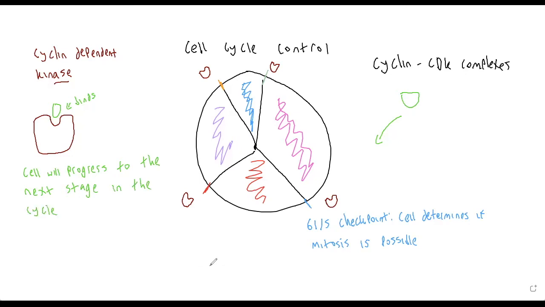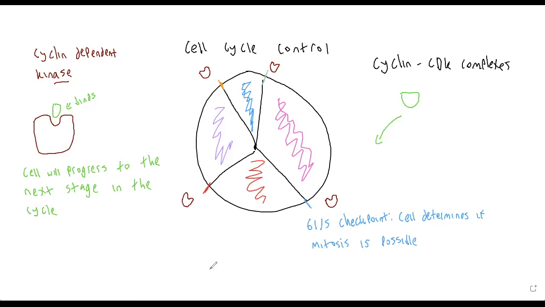During the process of mitosis, there's actually several checkpoints where cyclin CDKs are present. But the idea behind this, and it's actually ingenious, is that the cell needs to be given the okay to progress through the cell cycle.